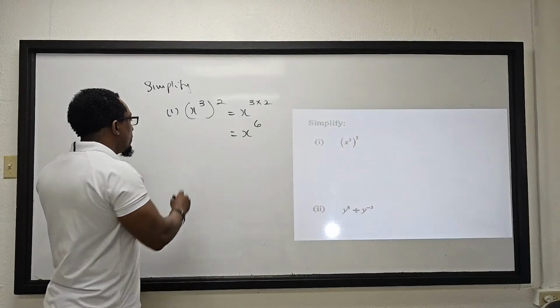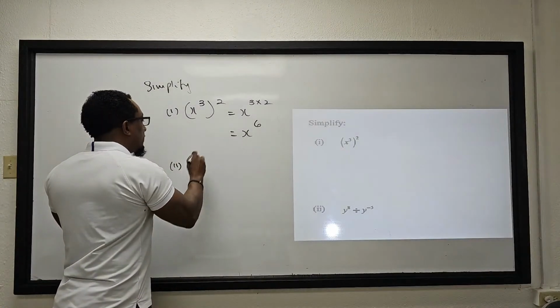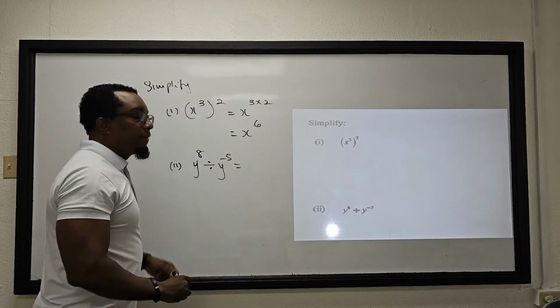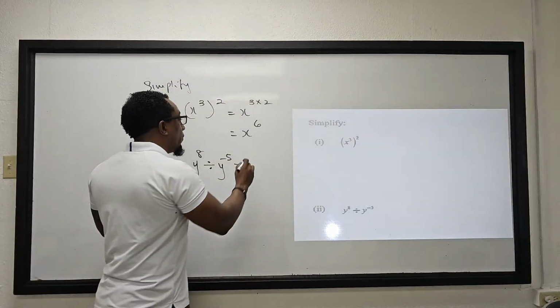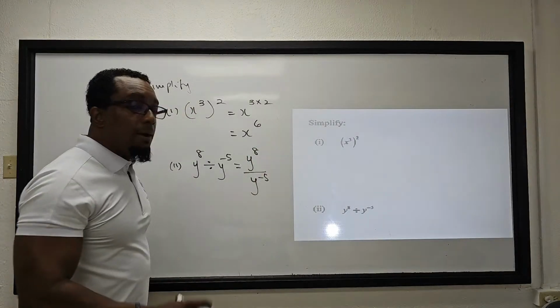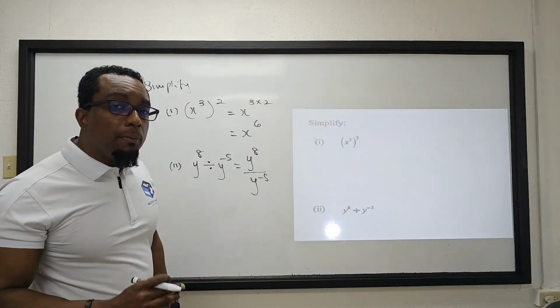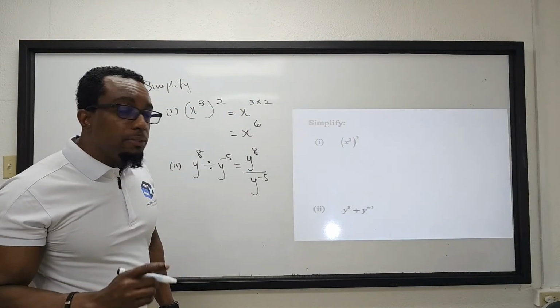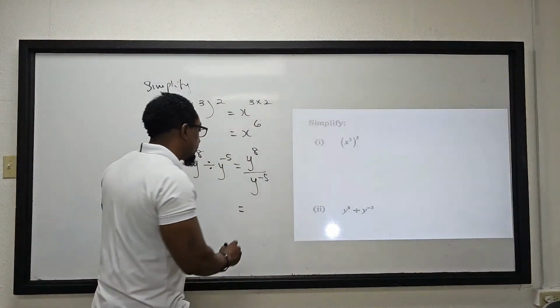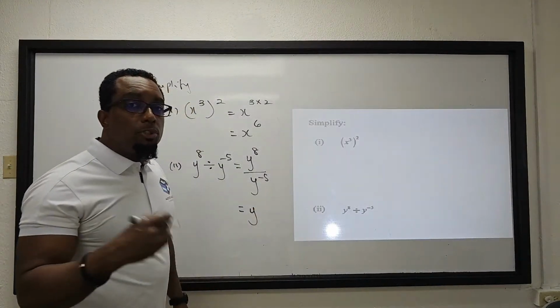And let's look at 2. Y to the power of 8 divided by y to the power of negative 5. We can rewrite it as y to the power of 8 over y to the power of negative 5. And when you're dividing, remember what we do with the powers? We subtract the powers. So this is maintaining your base y. And we're subtracting the power.